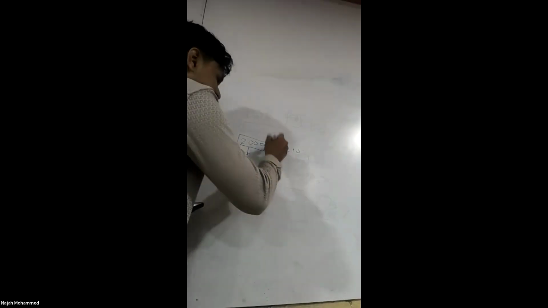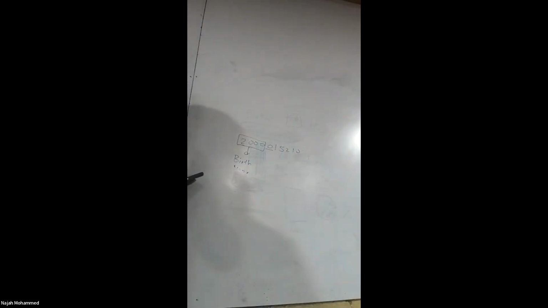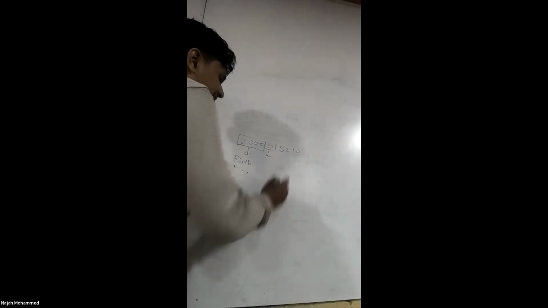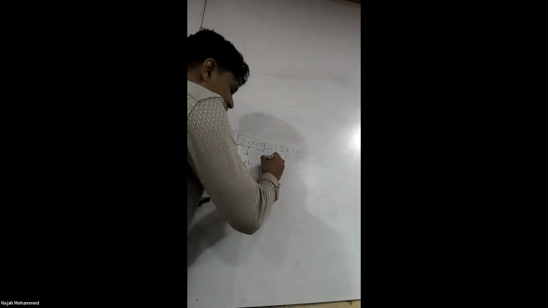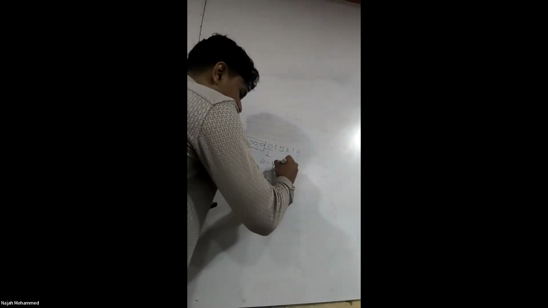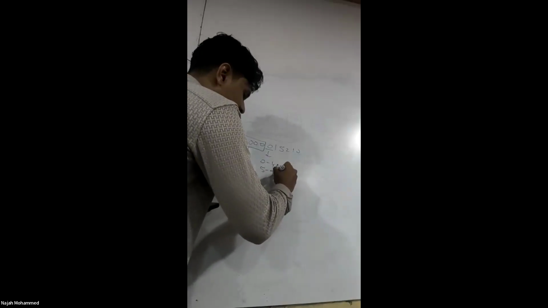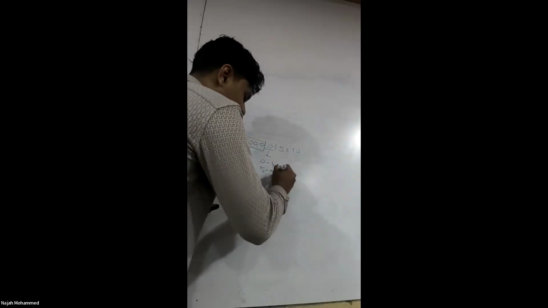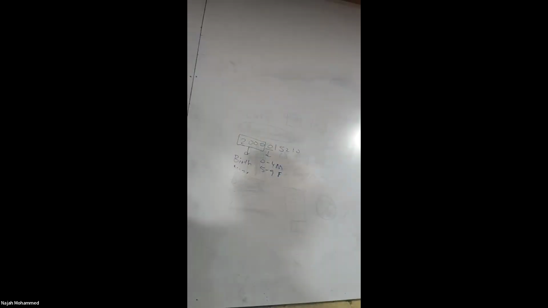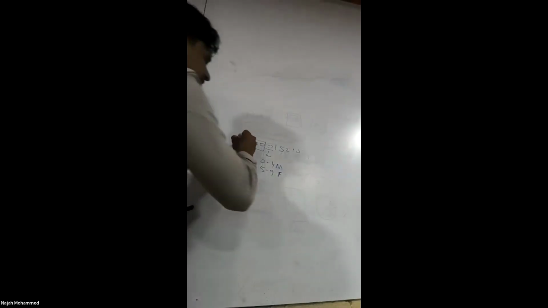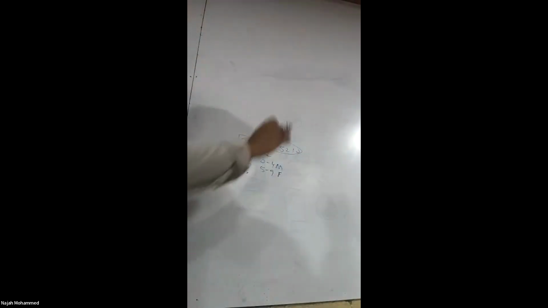Then this digit gives you the gender: from 0 to 4 is male, and from 5 to 9 is female. This is how you identify what is information and what is data. When you look at the full thing, it's just data, just a random number.